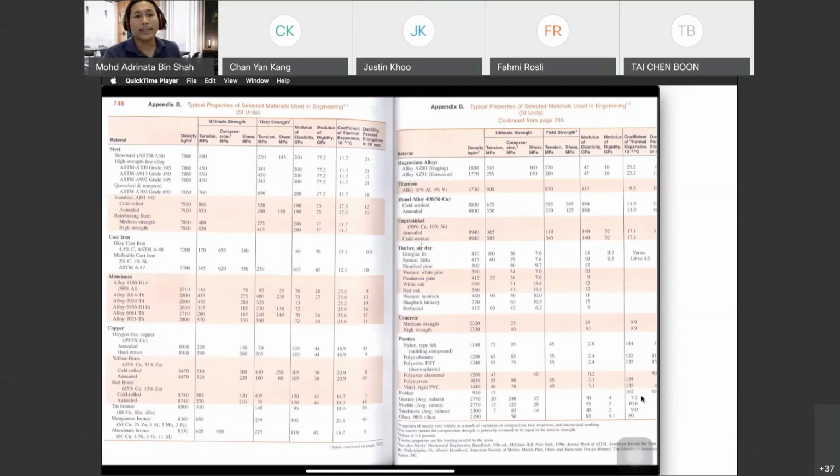Under yield we have tension, and we have also our coefficient of thermal expansion.